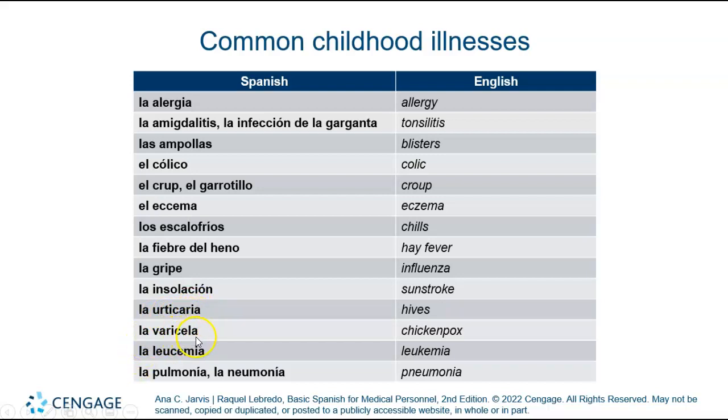La varicela. La leucemia. Yeah, urticaria is correct. Sorry, I don't know why I was seeing an accent or no accent. Urticaria, varicela, leucemia, la pulmonía, or la neumonía. Neumonía.